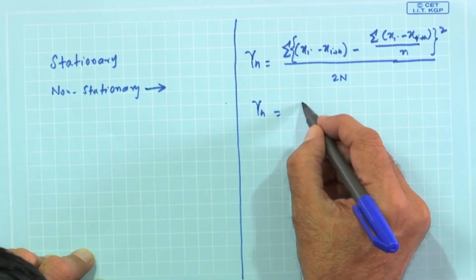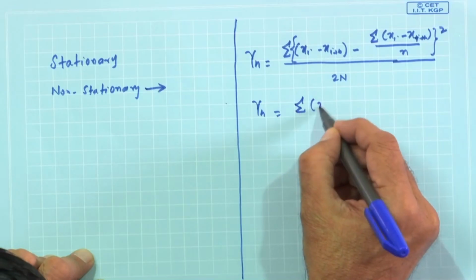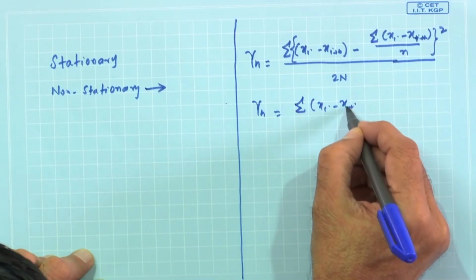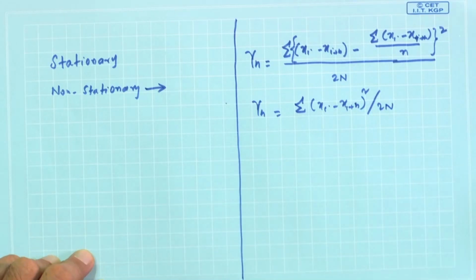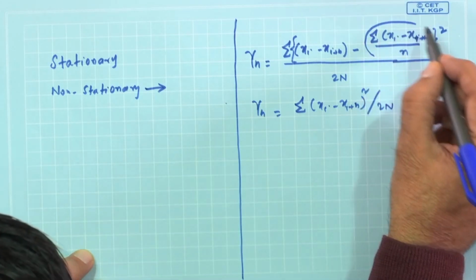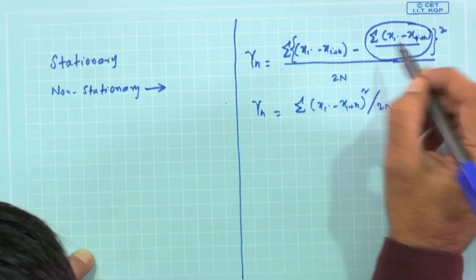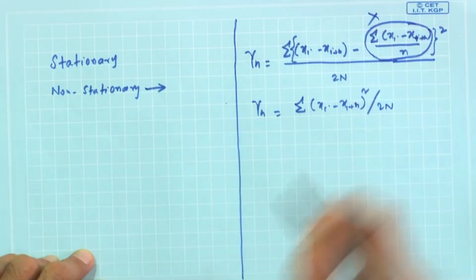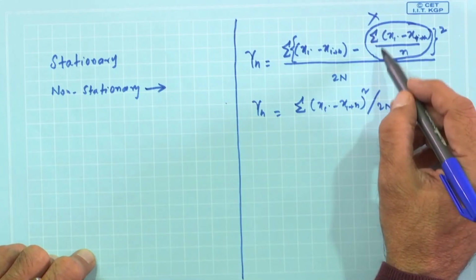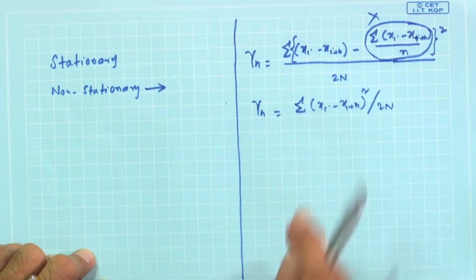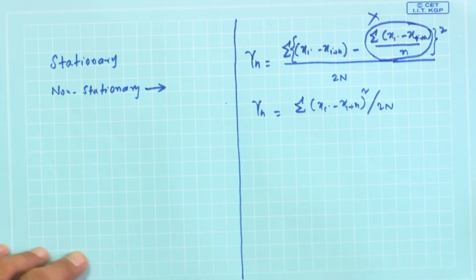Because this particular term will vanish for a stationary regionalized variable, whereas this term will be significant if it is a non-stationary regionalized variable.